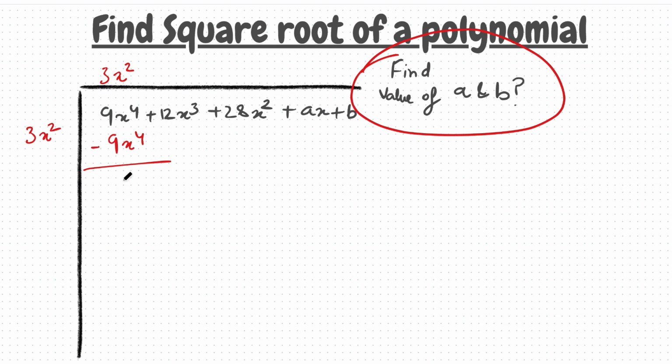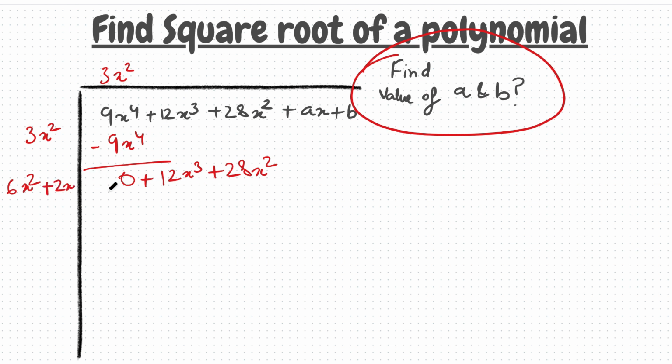And if we subtract, then we get 0, and then bring down next two terms, which are 12x cube plus 28x square. Next we'll write the double of our answer here, so that will be 6x square. Now we need to multiply 6x square with some expression so that we obtain 12x cube, and that would be 2x, so plus 2x.